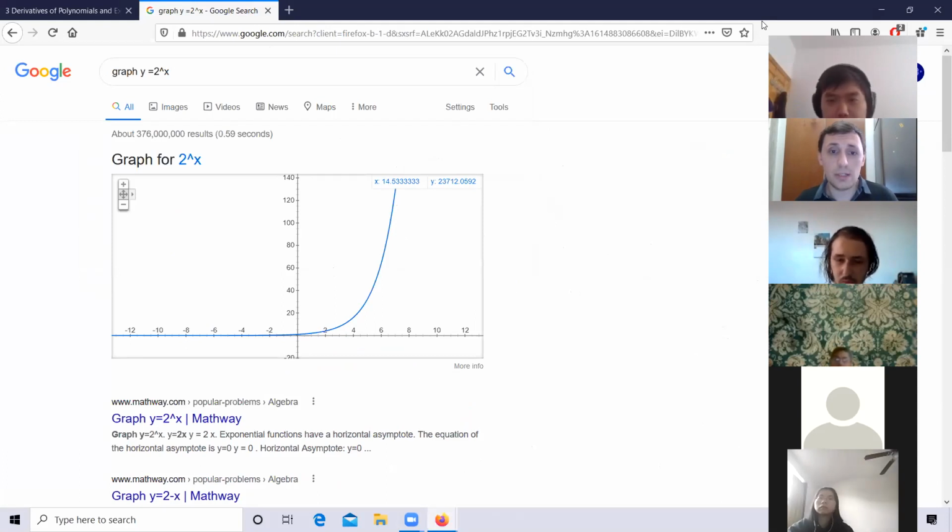Okay, so Humira says no, Christiana says no. What about the rest of you guys? You understand what I'm asking? I'm just giving a qualitative example. We know that the derivative of 2 to the x is going to be some number times 2 to the x. That's what this result proves. Clear? Could that number be 0?